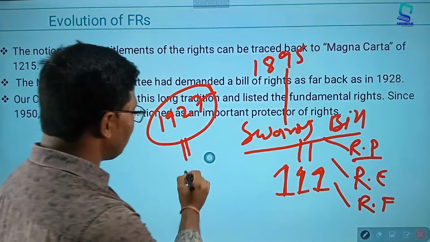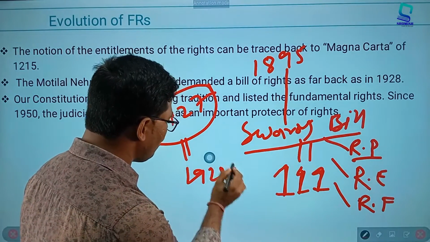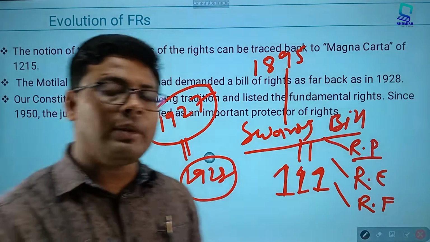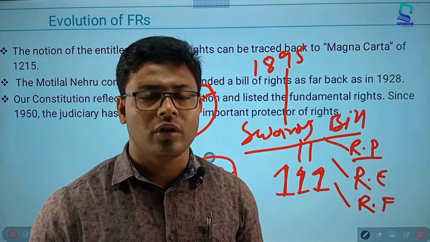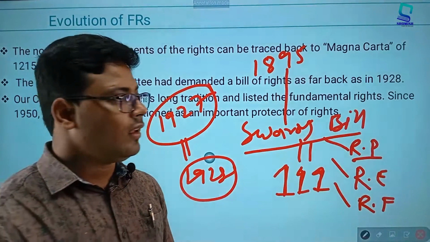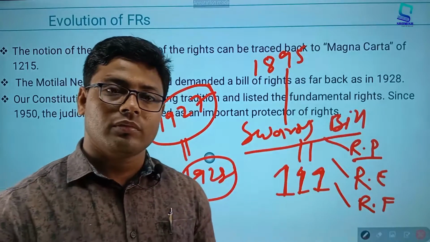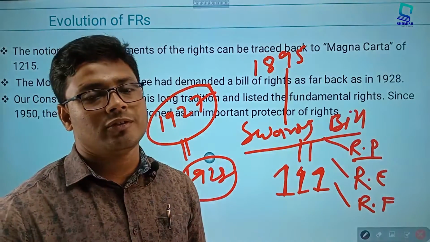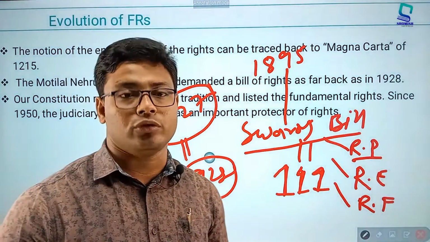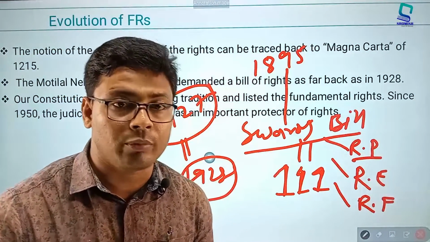Thereafter, in 1928, when the Simon Commission came to India under the leadership of John Simon, Motilal Nehru, the young Congress fellow, published one report, also known as the Nehru Report.